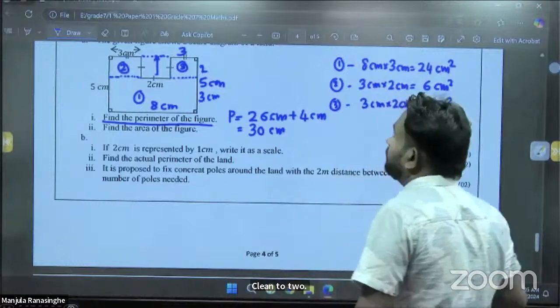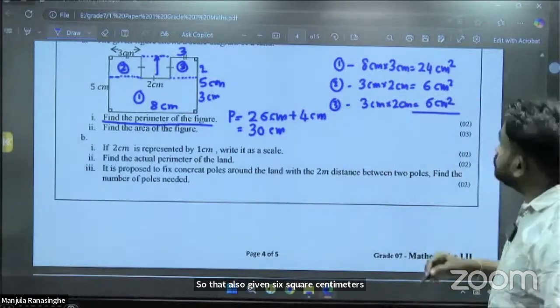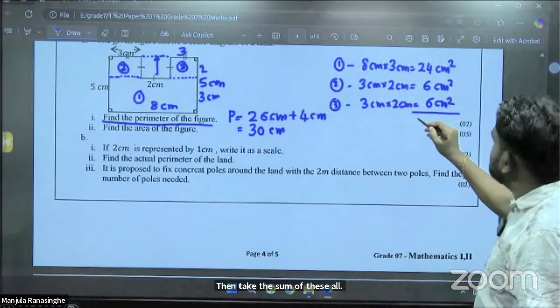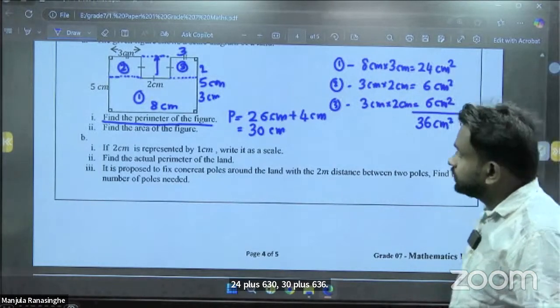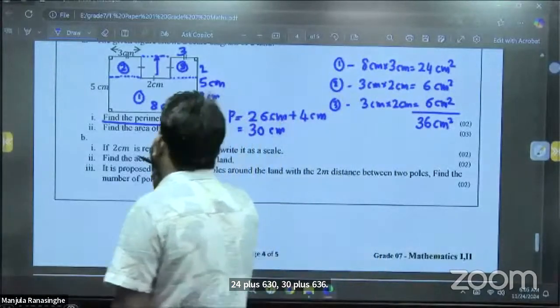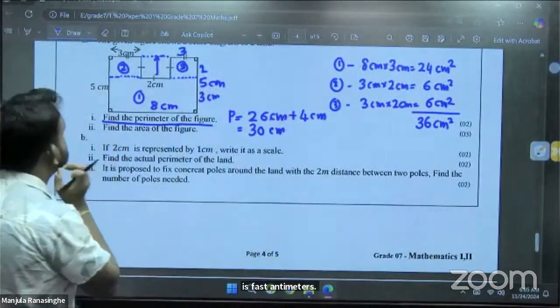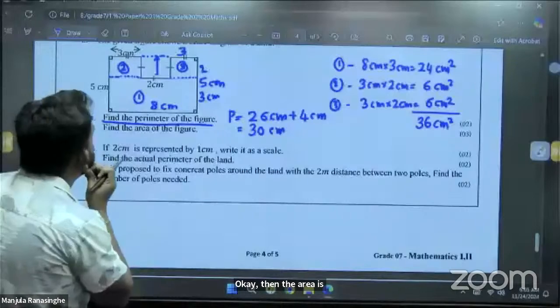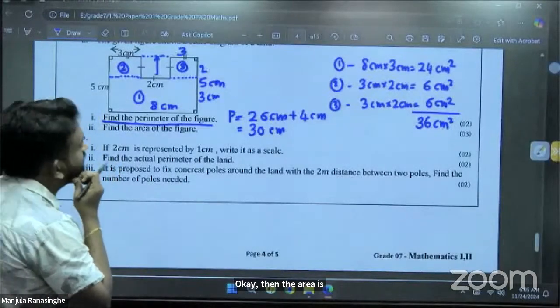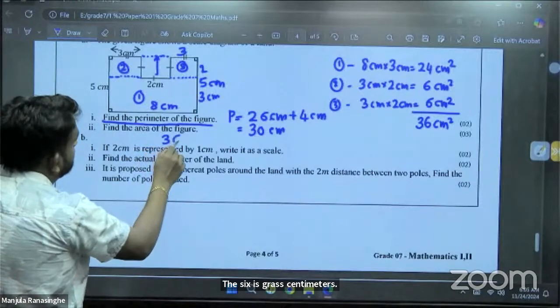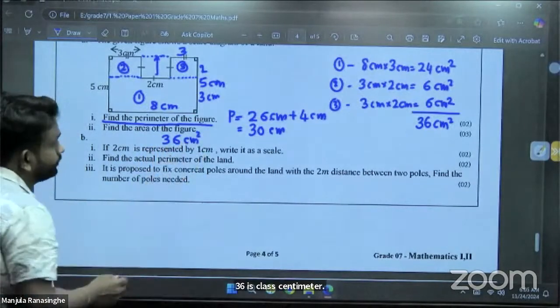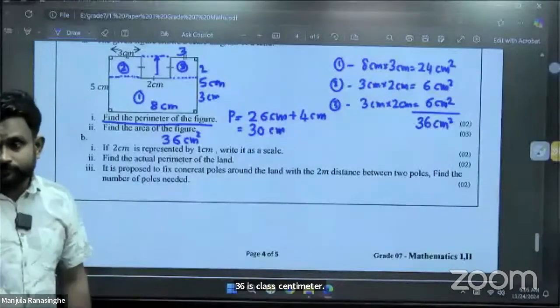Then take the sum of all these: 24 plus 6, 30, 30 plus 6, 36 square centimeters. Then the area is 36 square centimeters.